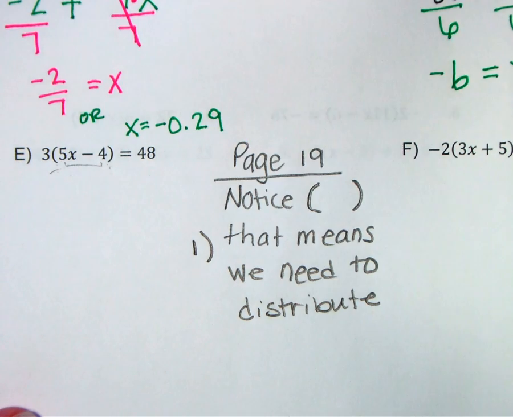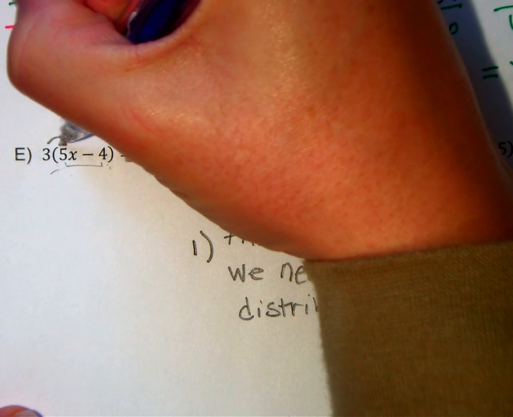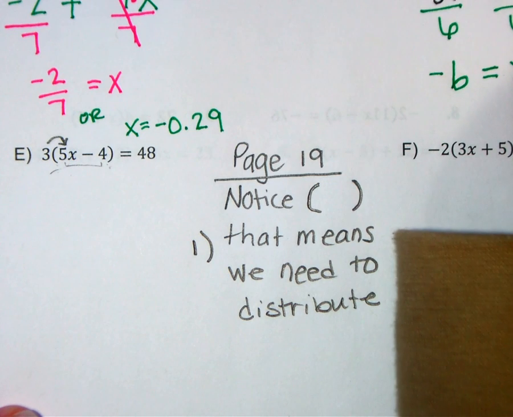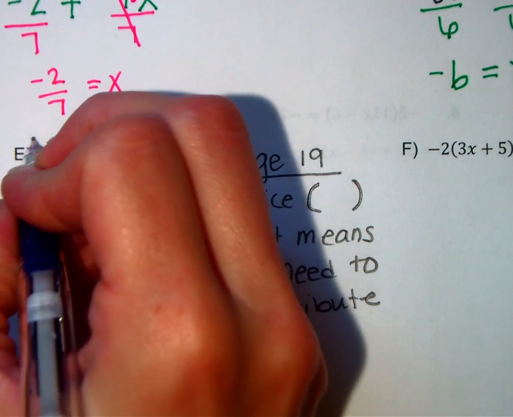So again, remember that distributive property means I'm going to multiply 3 times this 5x. So 3 times 5 is 15. So this means multiply.